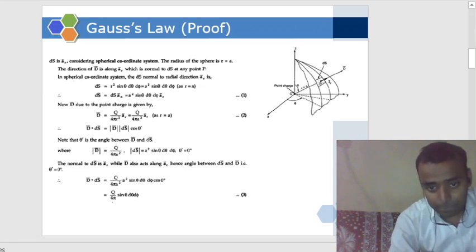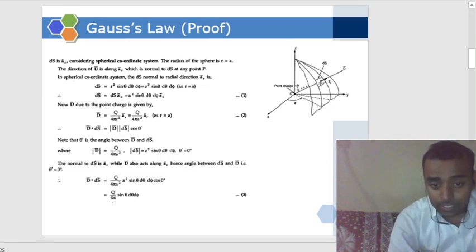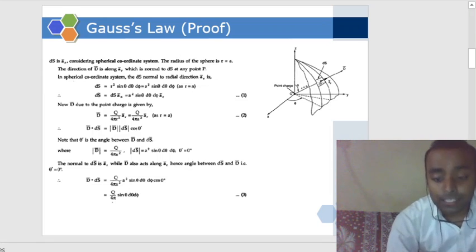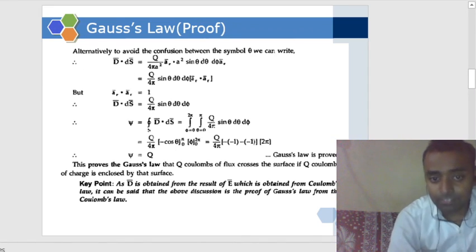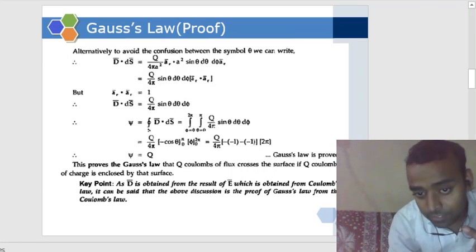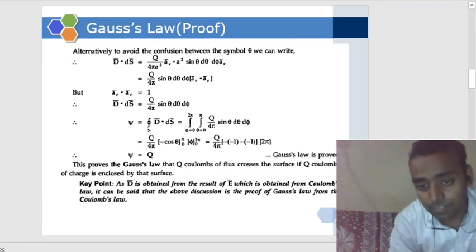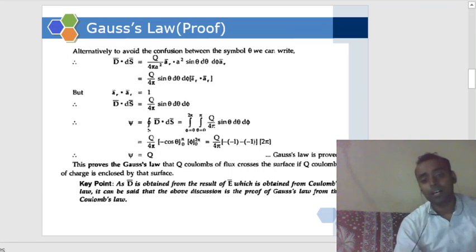From this we take the integral. We have d theta and d phi, which means a surface integral, a double integral. What is the limit of theta?